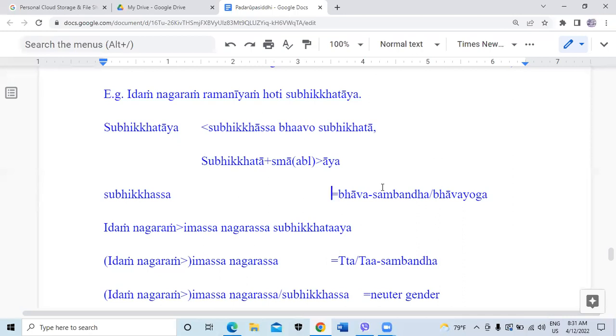Here it refers to just the quality, the guna, right? So I think the requirement of the same number is not necessary.